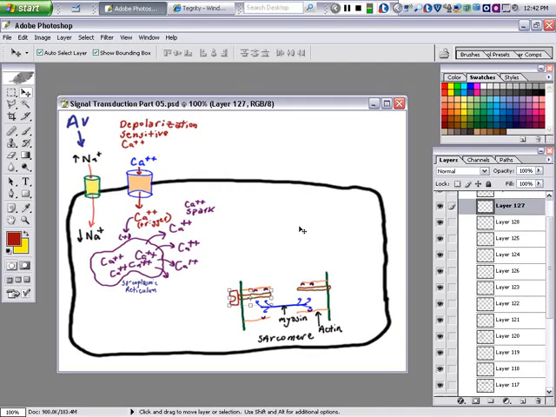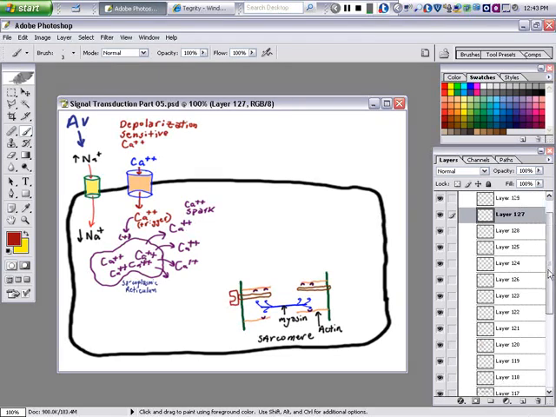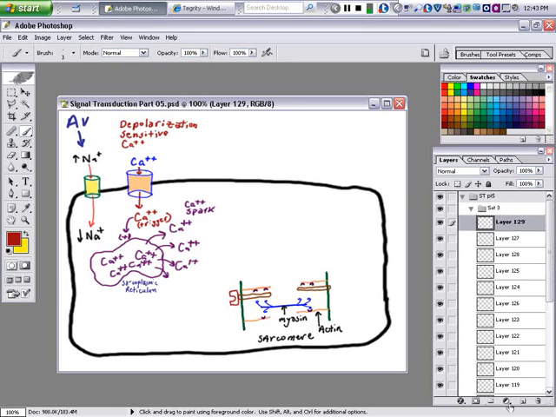Now that we have that, now I have a question for you. Okay? And so then your calcium goes back in here. What if we could come up with a way to get more calcium inside the cell?